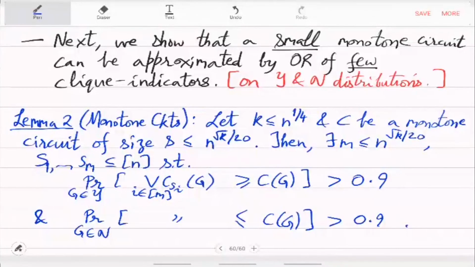On the yes instance, in 90% of the cases, if CG is 1, then this OR of indicators will be 1. If CG was 0, then it can be 0 or 1. When it is 0, it is at least matching CG. If it is 1, then it is matching the correct answer of the yes instance. So either it is the correct answer or it matches CG with high probability.